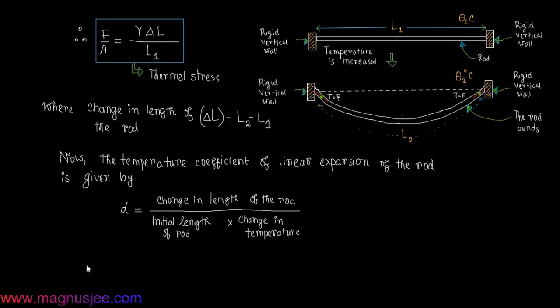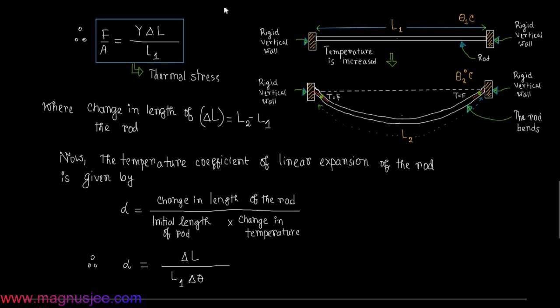Therefore, alpha is equal to delta L divided by L1 delta theta. That is the temperature coefficient of linear expansion of the rod.